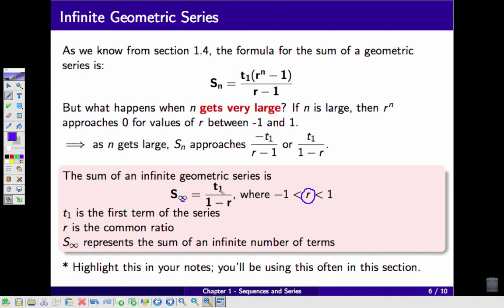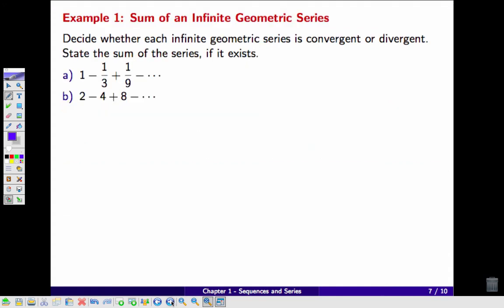An infinite geometric series will converge according to this formula, and I derived the formula up here from our formula in section 1.4. Essentially, when n grows very, very large, and if r is between -1 and 1, this term will become 0, and that will leave you with this. If r is bigger than 1 or less than -1, it will diverge.